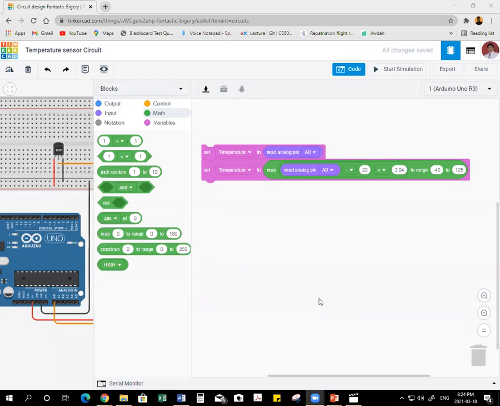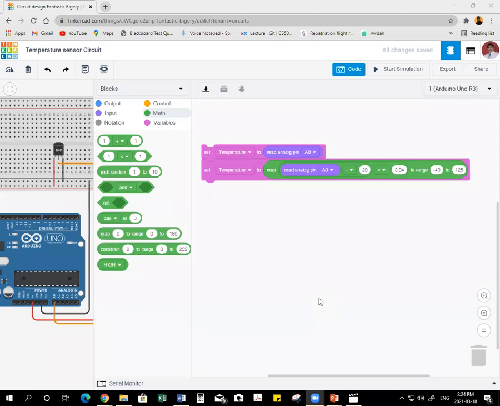If you convert this, the range will be from 0 to 1024. But the temperature sensor can give the value for -40 degrees as 20, and maximum it will go up to 359. That is for 125 degrees. So that much it will be read by A0.